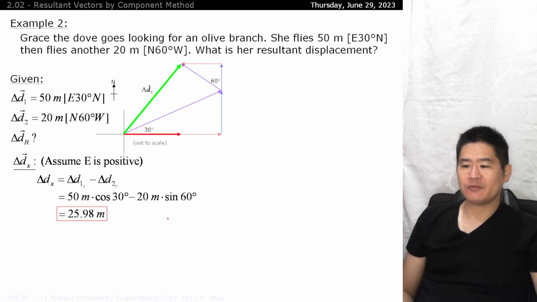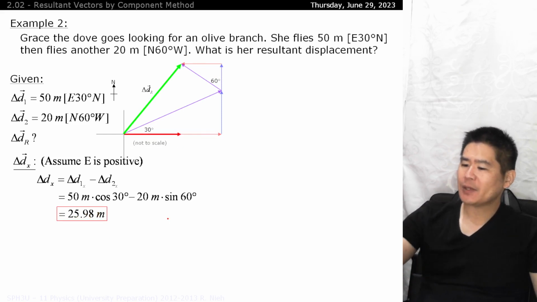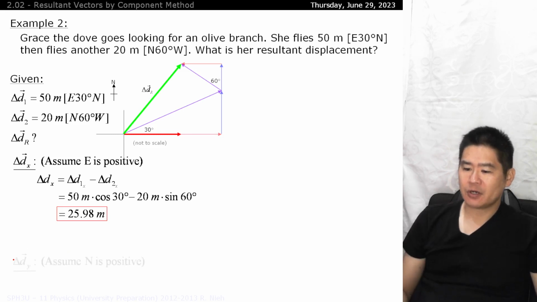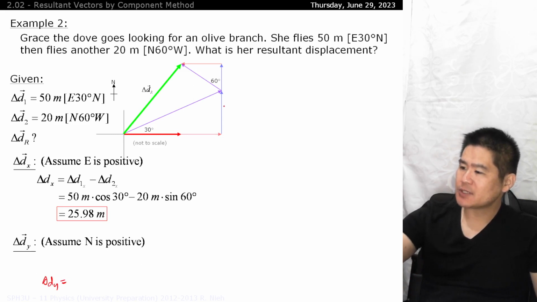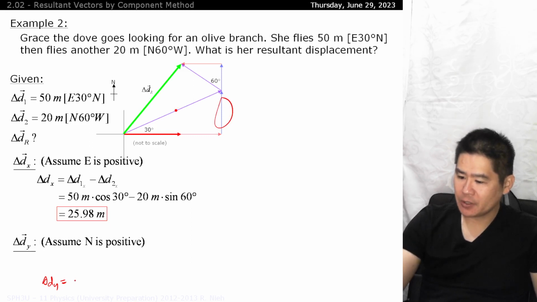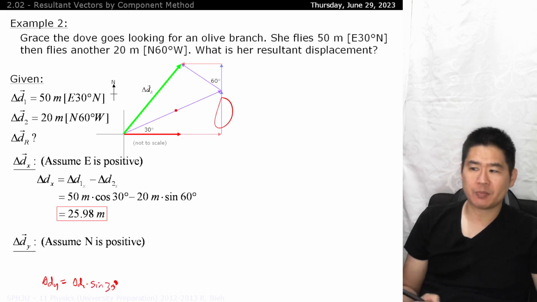Rinse and repeat in the vertical dimension. Okay, so you'll start off with your assumptions, then delta dy is equal to, in this case over here, this vector here is opposite of 30 degrees, so you multiply the hypotenuse of delta d1 by the sine of 30 degrees. It's pointing upwards, so it's positive.